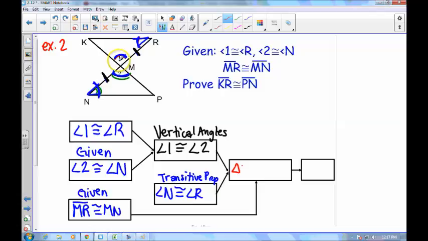Triangle NMP is congruent to triangle. Now be very careful in the second part. The first one you can put in any order. The second one, though, has to have congruent or corresponding parts. N corresponds to which angle on the top triangle?